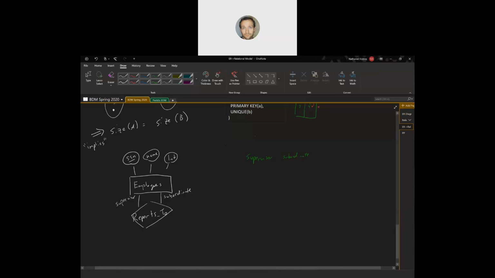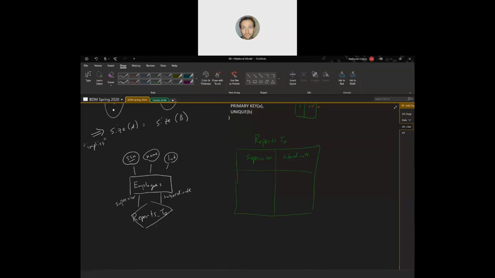And I'll call this the reports to table. Okay. And then I guess the supervisor would be the primary key and it would also be the foreign key back to employees.